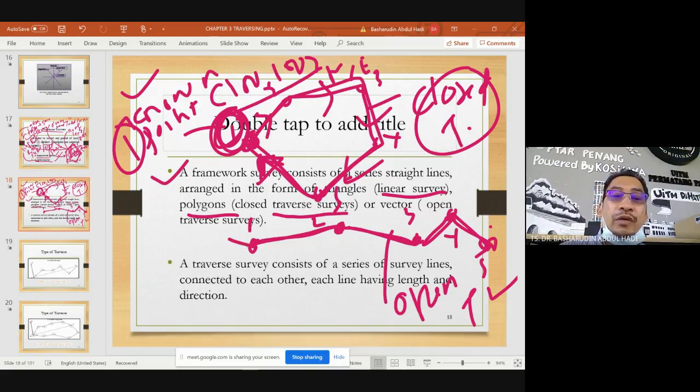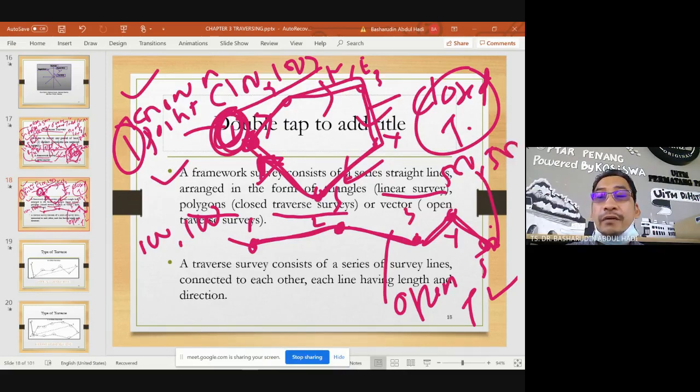You know that this one has coordinate 100, 100, and this one is 500, 500, the northing and easting. You know this based on your GPS survey maybe. So you know this value.